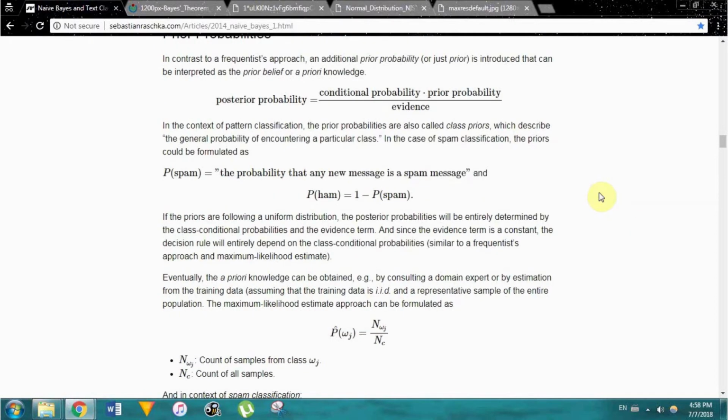So what's that prior knowledge? This is the prior knowledge of the probability of observing exactly this class we're talking about. And here it's outlined. This is the prior probability of the class, and it is the number of samples from the class over all of the samples.